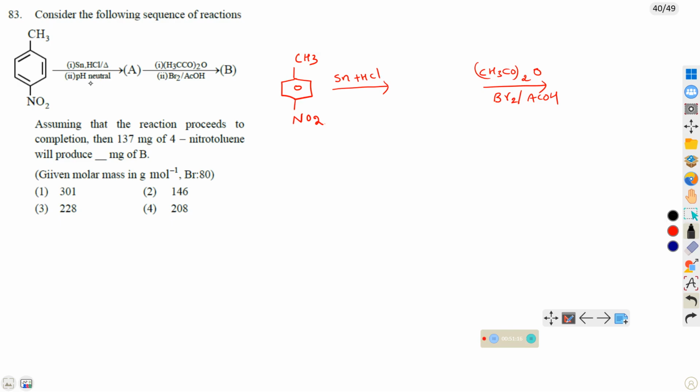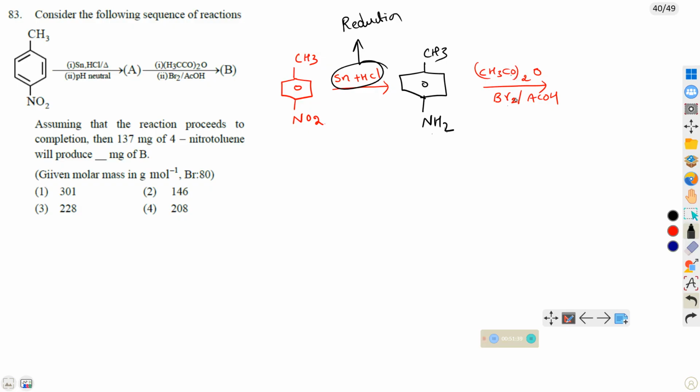Consider the following sequence of reactions. 4-nitrotoluene with Sn plus HCl, a reduction process takes place. The nitro group is converted to amine, giving CH3 and NH2. The NH2 group is a highly activating group, so to reduce the activity, it reacts with the acid anhydride.